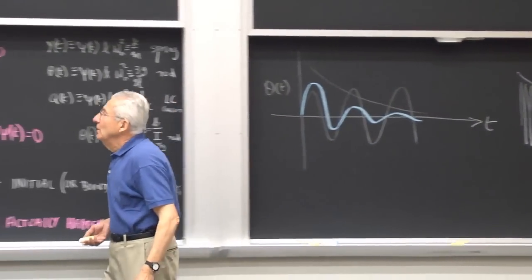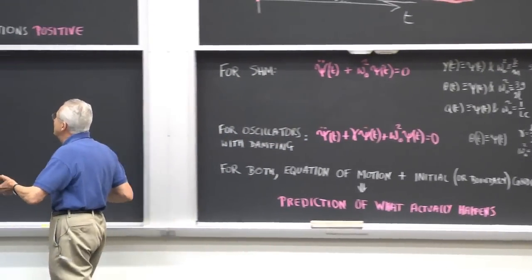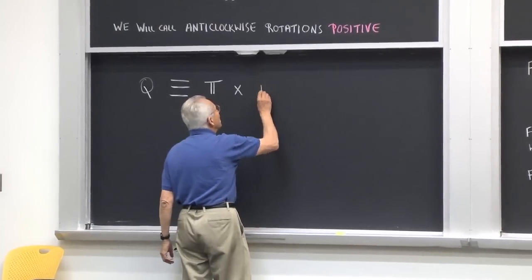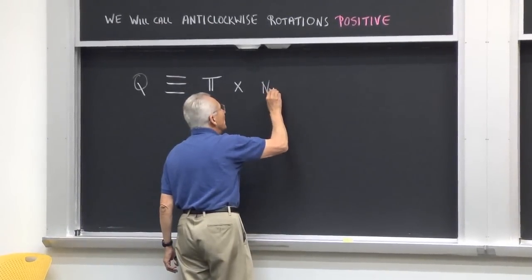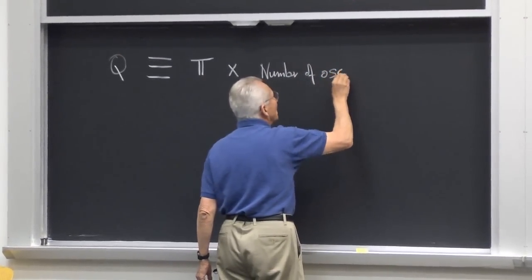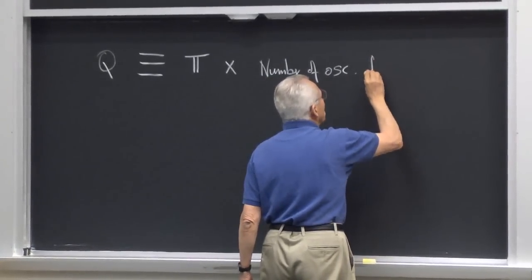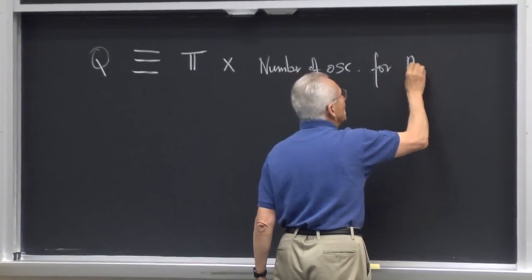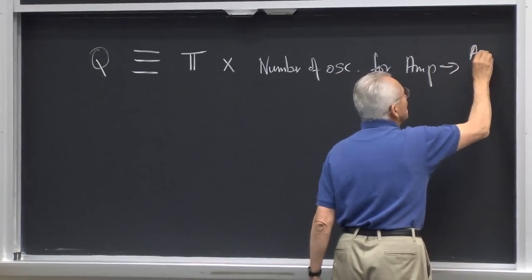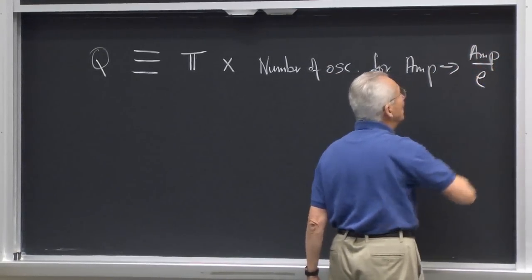For historic reasons, one takes pi multiplied by the number of oscillations for the amplitude to go down by 1 over e.